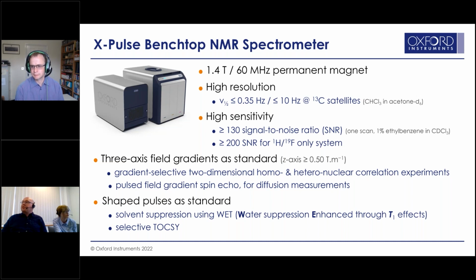We do a lot of solvent suppression work, so we take advantage of gradients and shaped pulses to do solvent suppression using WET, selective TOCSYs, selective NOESYs, obviously the pulsed field gradient spin echo and the associated DOSY sequence for measurement of diffusion constants. And that's just off the top of my head.